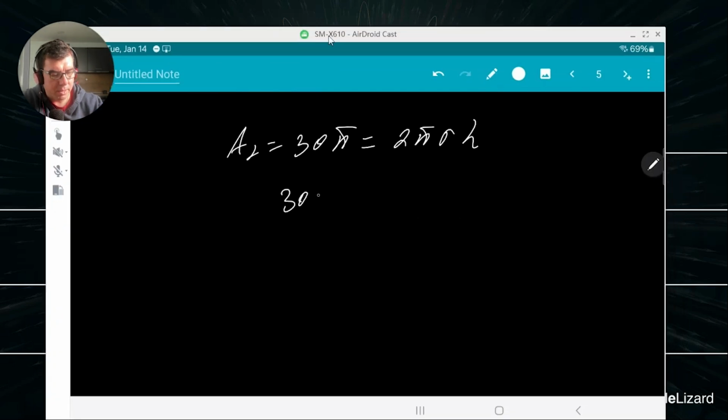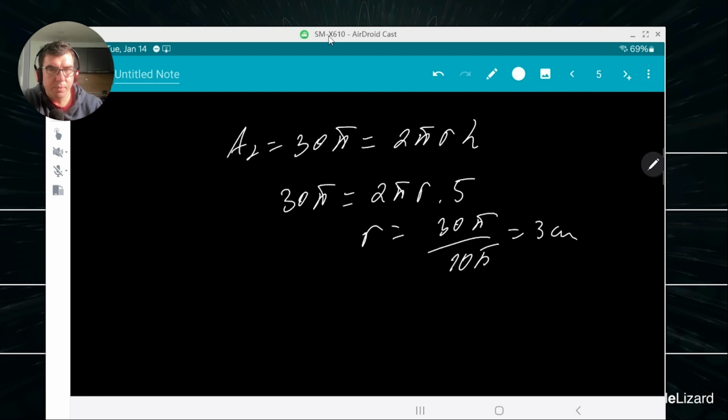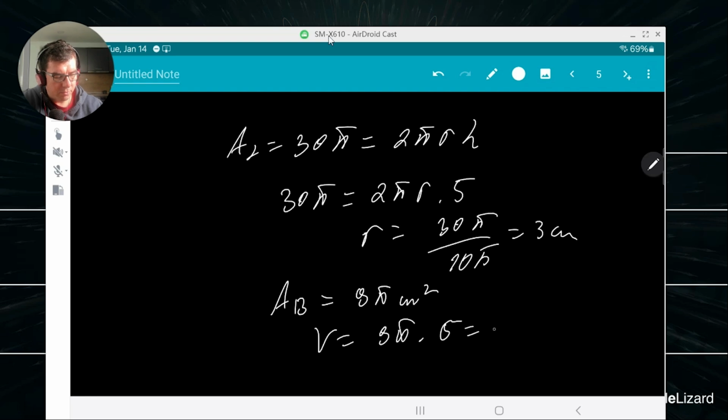So 30 pi equals 2 pi r times 5, r equals 30 pi over 10 pi, 3 centimeters, and therefore the area of the base will be 9 pi centimeters squared, and the volume will be 9 pi times 5, 45 pi centimeters cubed, and that's the answer.